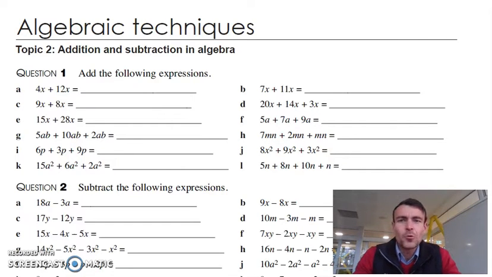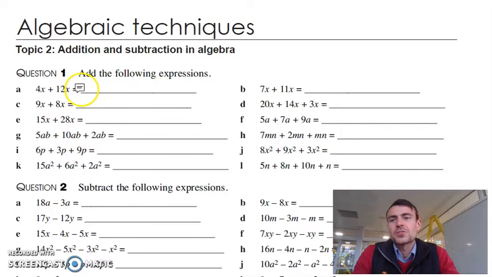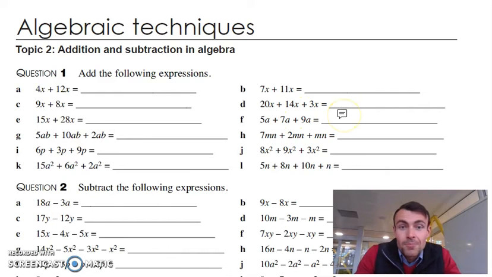If we're adding or subtracting things in algebra, we have to treat the same letters as like terms. That is, they're the same, so we do the same things with them. For example, think about fruit. If I have 5 apples plus 7 apples plus 9 apples, I'm going to add them all up.